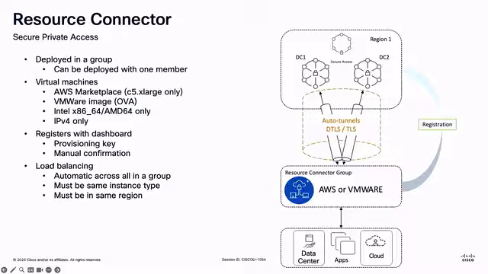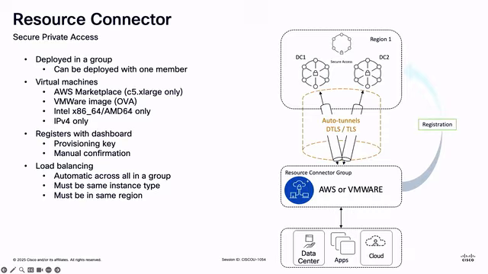So when you deploy this VM or this Docker container, what will happen is redundant TLS tunnels will be created from the Resource Connector back to Secure Access. What that means is that you don't have to set up an IPsec tunnel to connect that Resource Connector back to Secure Access. The TLS tunnels will be created automatically for you. We also give you the ability to support more than one Resource Connector to increase the capacity.